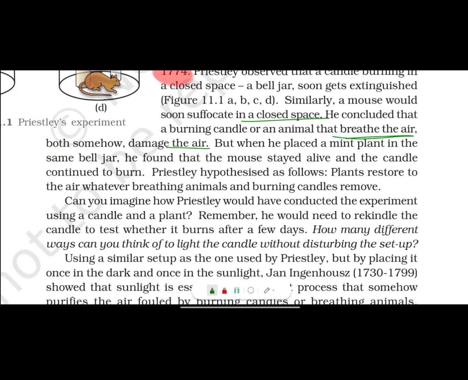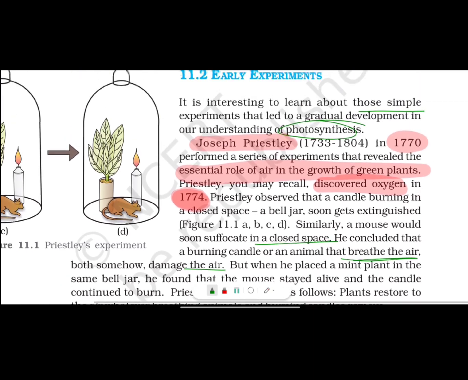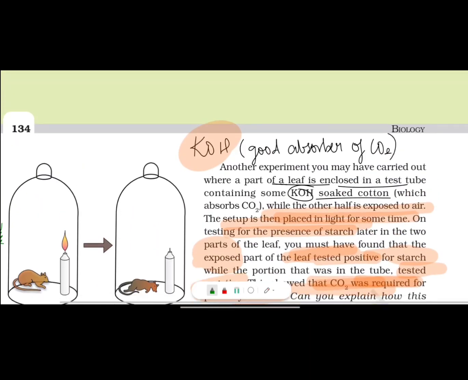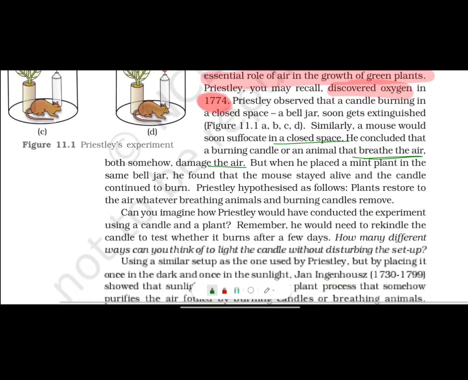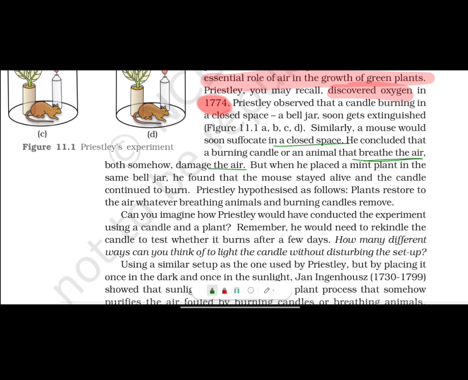So from the earlier experiment, what can we conclude here? We can think that the burning candle or the animal is playing the role of KOH, as we have studied over here. We can compare and study it for a good understanding.